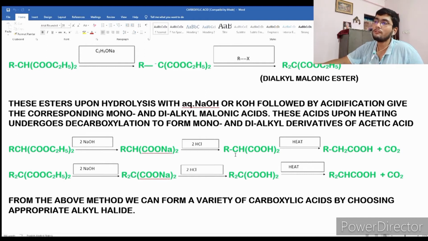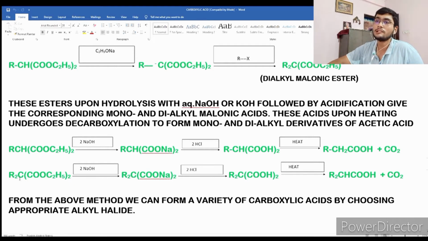Okay, so when we heat it strongly, one carboxyl group will get converted into carbon dioxide, and the second one will remain attached as it is. So that's what I have shown here, that after heating it, one of the carboxyl groups will get converted into carbon dioxide and the second one will remain as it is, and we get our final carboxylic acid.